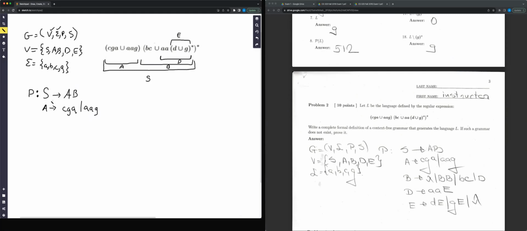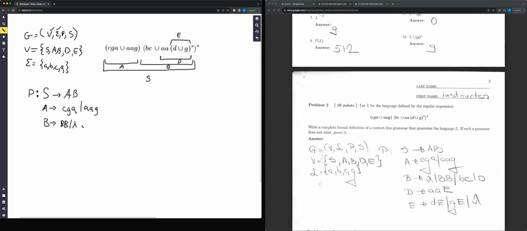And so that's it for A. And now B says, okay, well, I have to handle recursion. The simple way to handle recursion is just do BB or lambda. There's no unions in grammars.